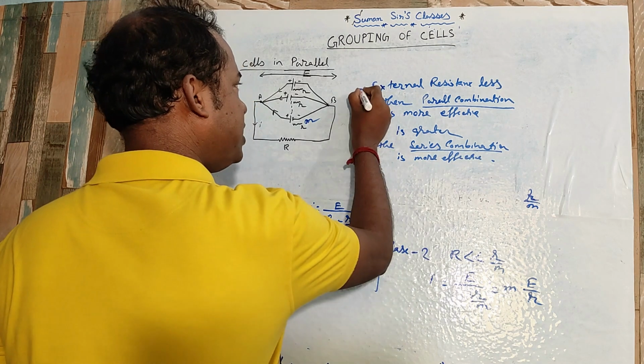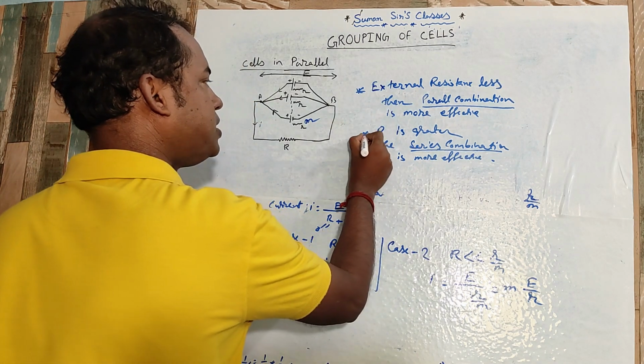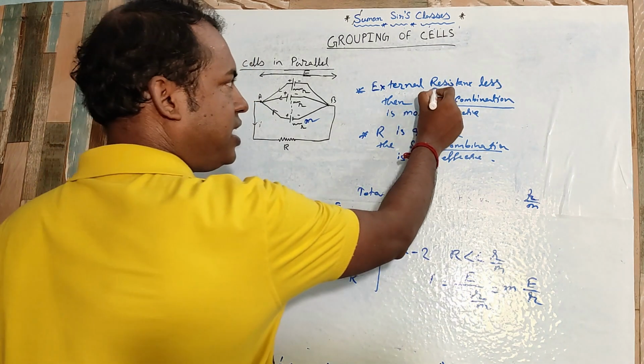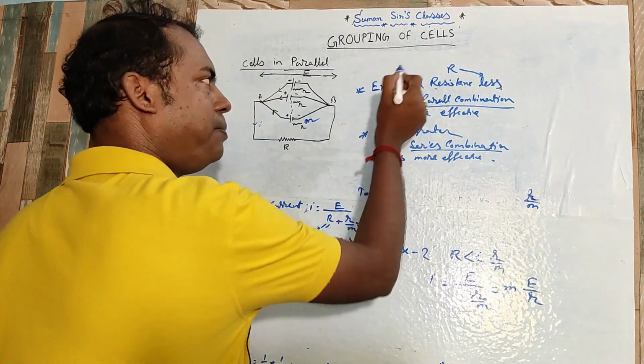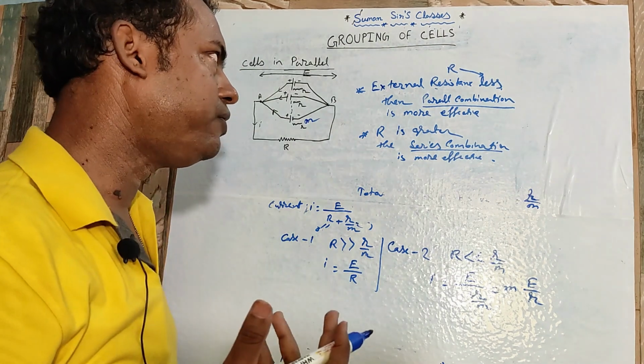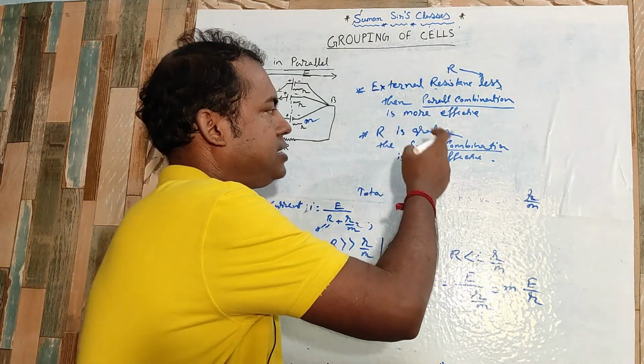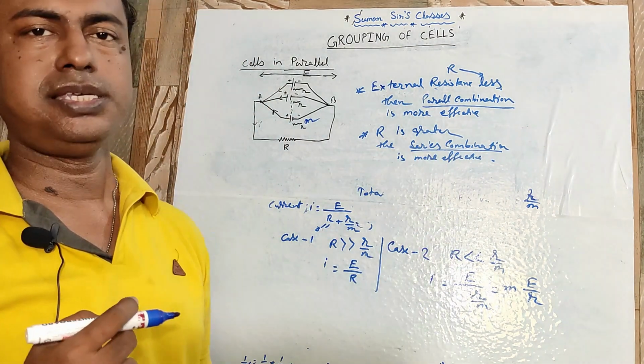Okay, so you just remember the two keywords, this is very much important. When external resistance is less, that means R is less, the parallel combination is effective. When R is greater, the series combination is effective.